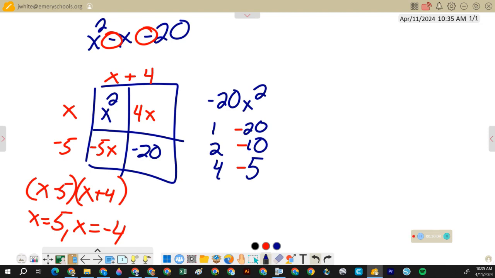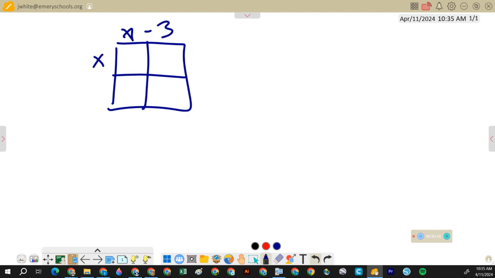Look at F. Let's draw the box for F. x minus 3 and x plus 3. So go ahead and write this out. x squared minus 3x plus 3x minus 9.